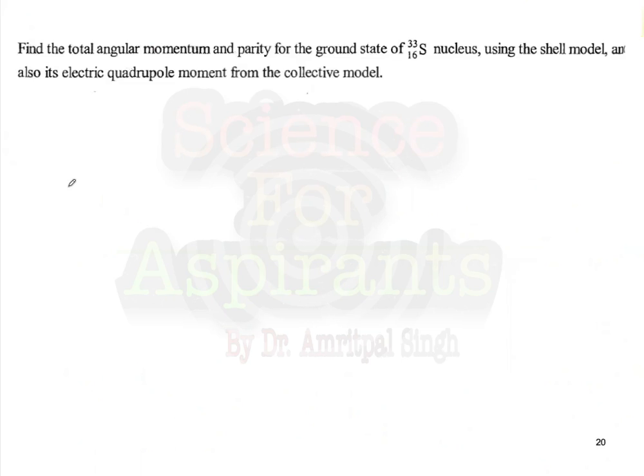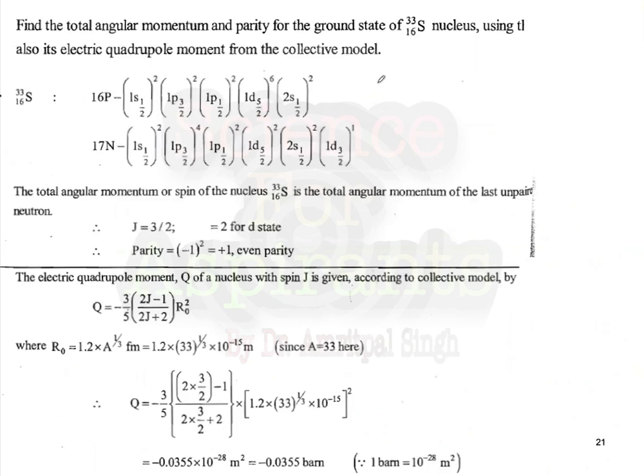So the next question is, find the total angular momentum and parity of this sulfur nucleus using the shell model, and also find the electrical quadrupole moment. Here you can find it using the shell model. In sulfur 33, there are 16 protons, which are even, so they will not play any role.